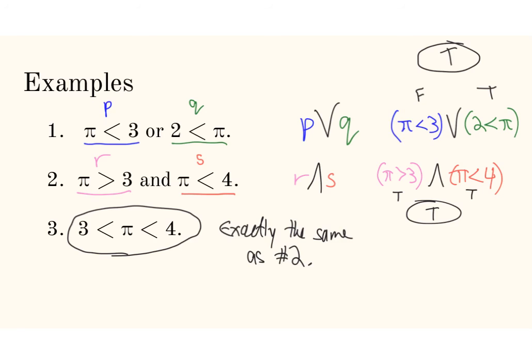In other words, this here is the R part. And then it's also saying pi is less than 4. So it's saying both of those at the same time, we mean both of them. So R and S: 3 is less than pi and pi is less than 4. So it's the exact same situation as number 2, which means it will also be true for the same reasoning as we did over here.